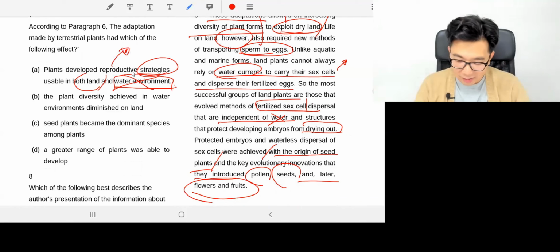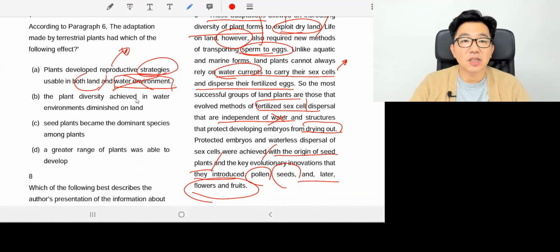I'm just kidding. So this is wrong. A is saying plants developed a way to reproduce in water as well as on land. Makes no sense. They are now land-dwelling organisms. They should develop strategies to reproduce on land.